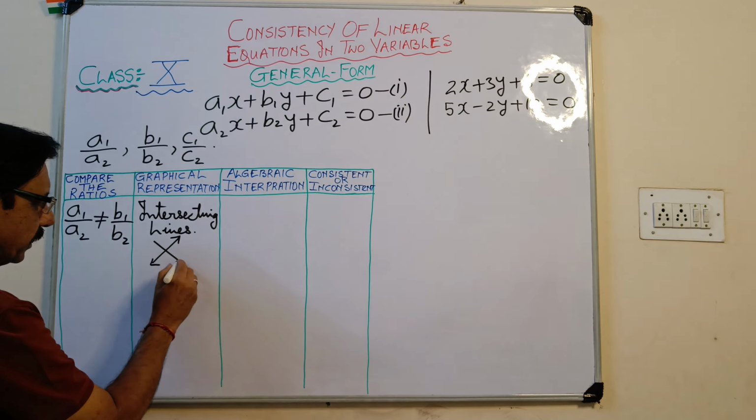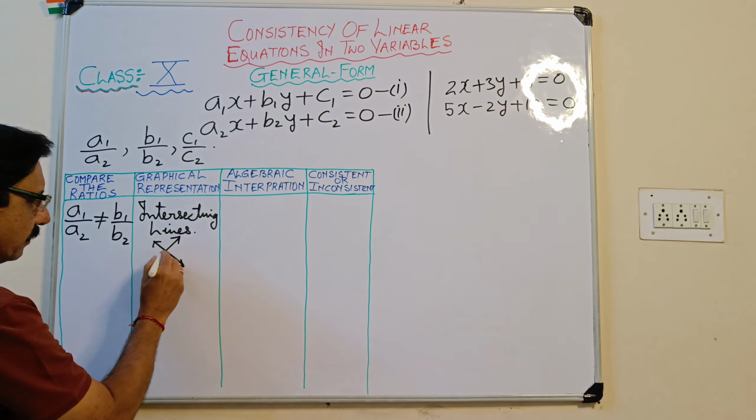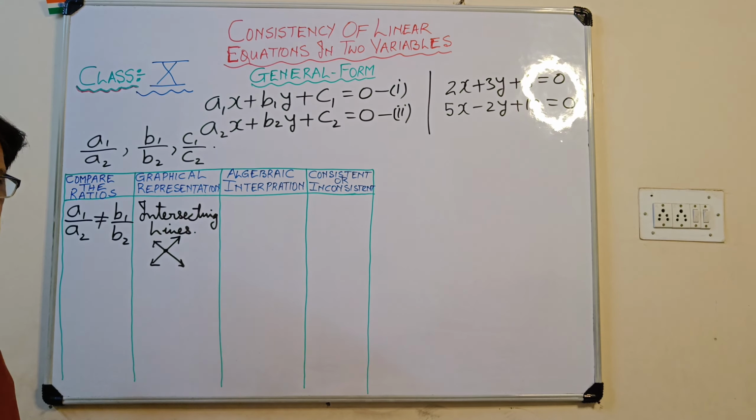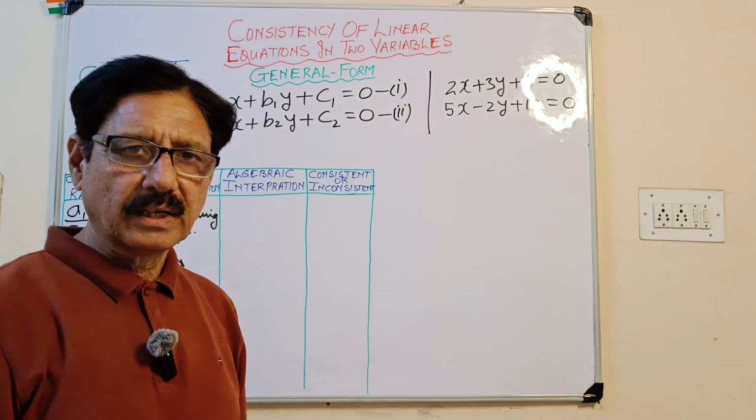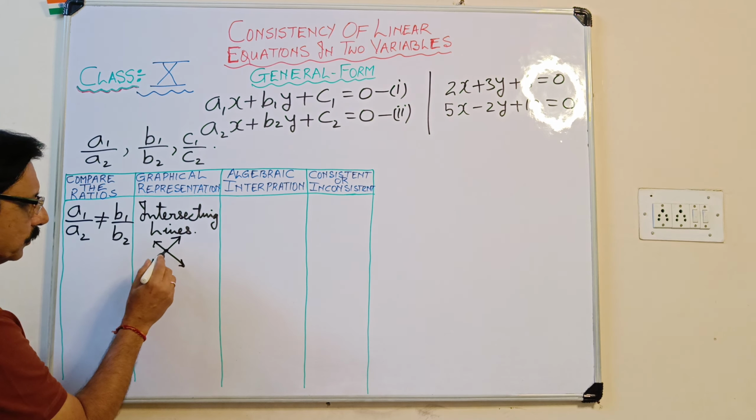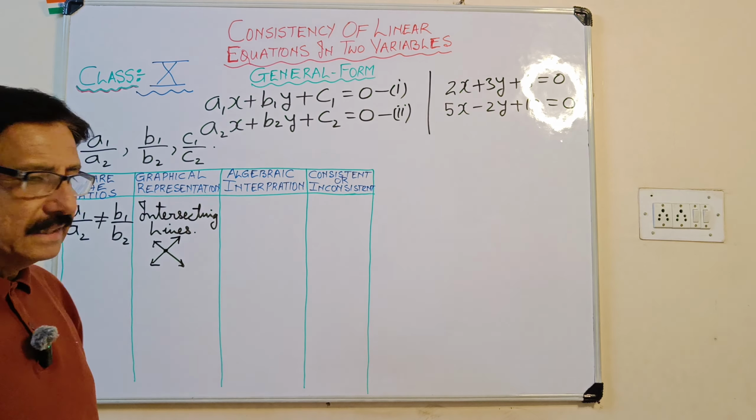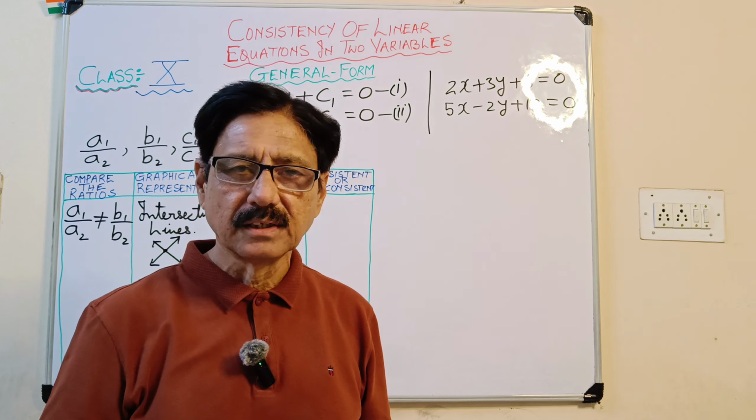If I draw the two lines on the graph, when we learn the graphical method tomorrow, it will be more clear to you, right? Then what is the algebraic interpretation for this?